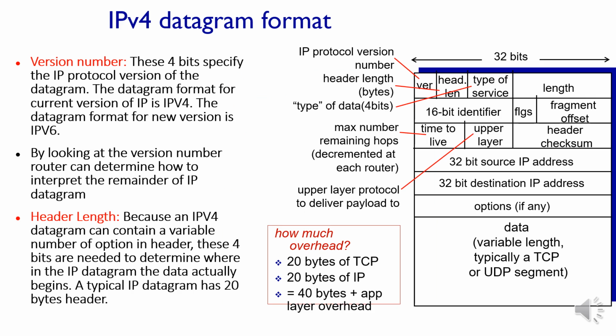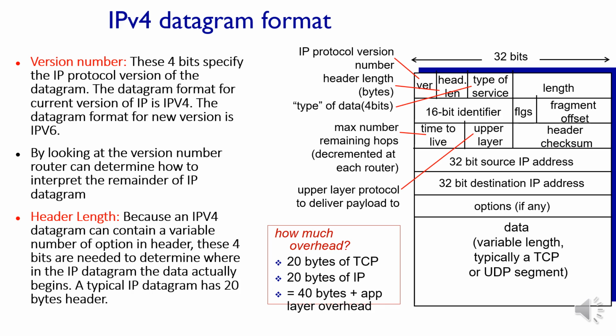VER, version number. The first field is VER, version number. It is a 4-bit field which specifies the version number of the IP datagram. There are two versions: one is IPv4 and the other is IPv6.